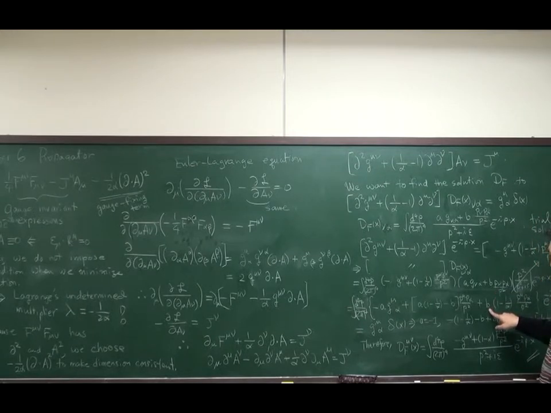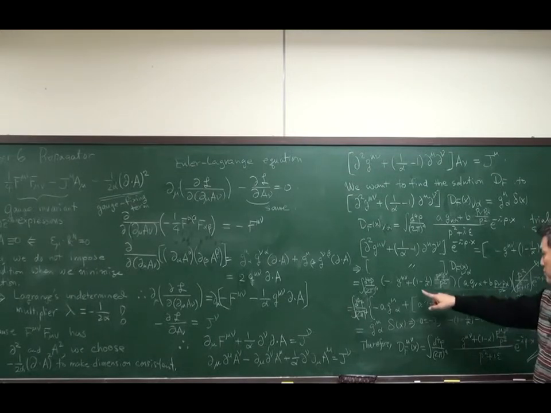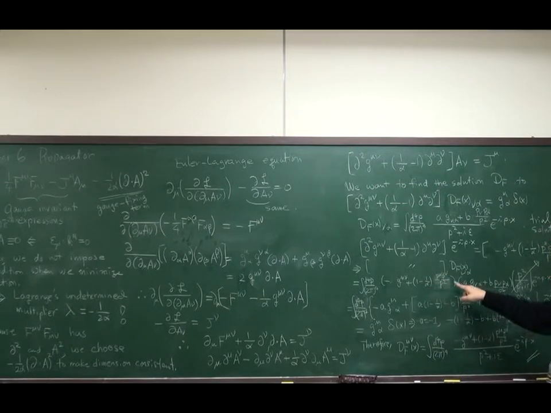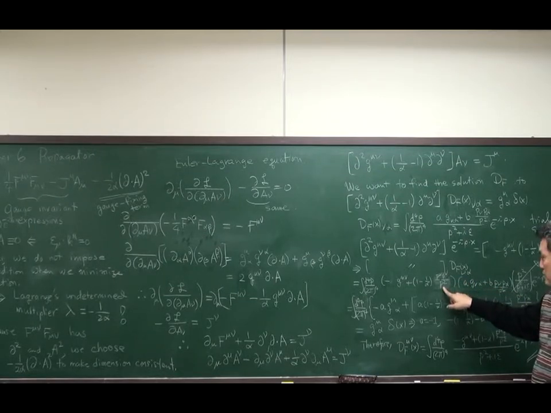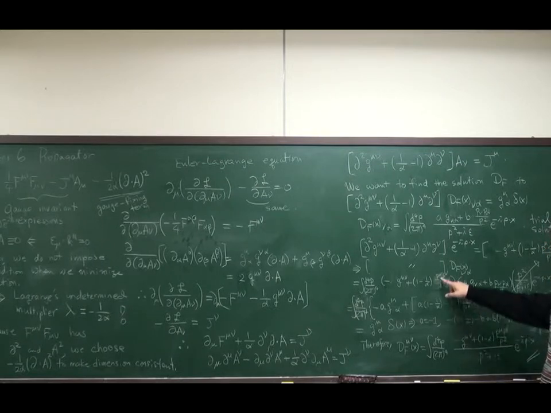So I have the factor b, another factor 1 minus 1 over alpha, and if I contract p nu and p nu, it becomes p squared. We have a double p squared, and one of them disappears, and the remaining piece is p mu p alpha divided by p squared and the exponential factor.